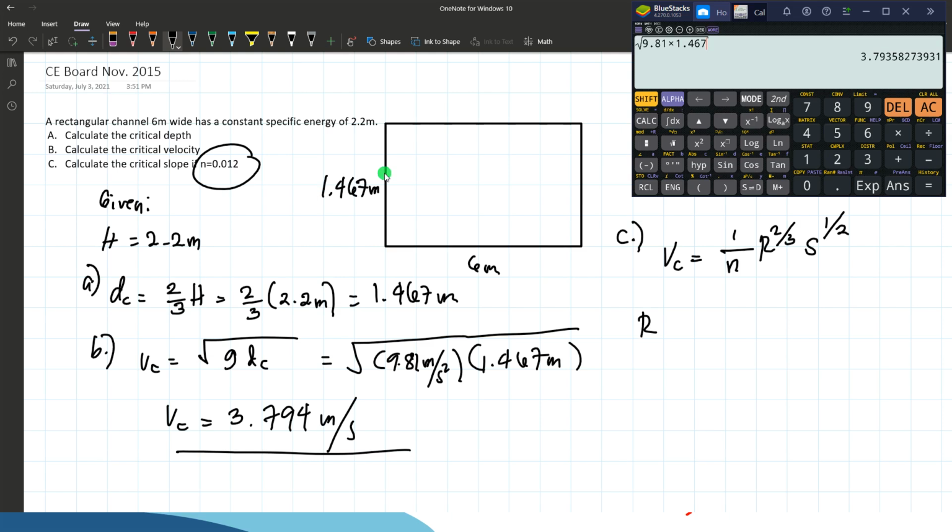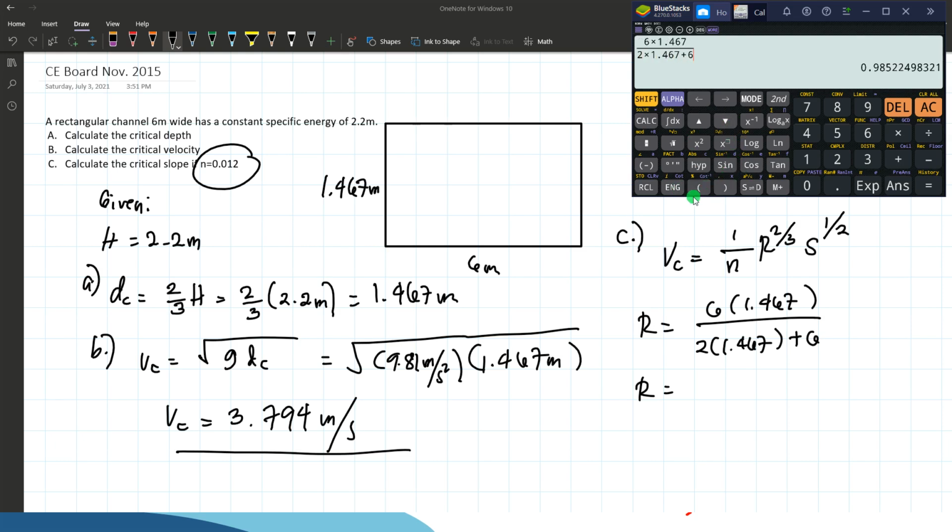From that we can determine the hydraulic radius, which is area over wetted perimeter: 6 times 1.467 over 2 times 1.467 plus 6. The hydraulic radius is 0.985 meters.